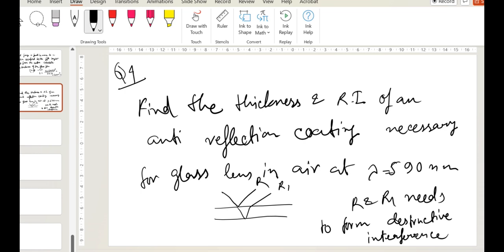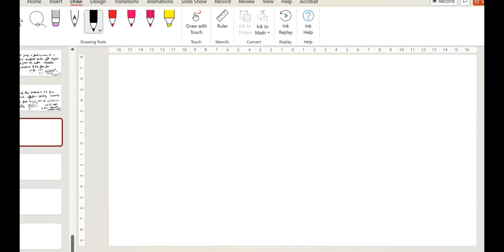For that, if n naught is air and ng is glass, the condition is that n should be root over the product of n naught and ng. So R and R1 need to form destructive interference with equal amplitude, then only can it be zero. So that is the condition.